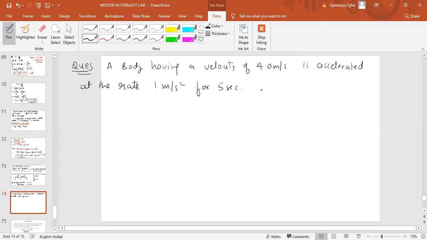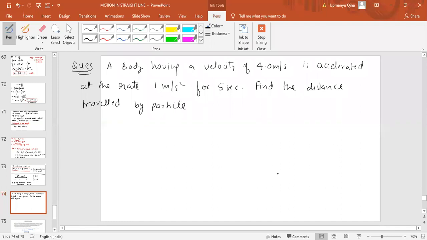Find the distance traveled by the particle.